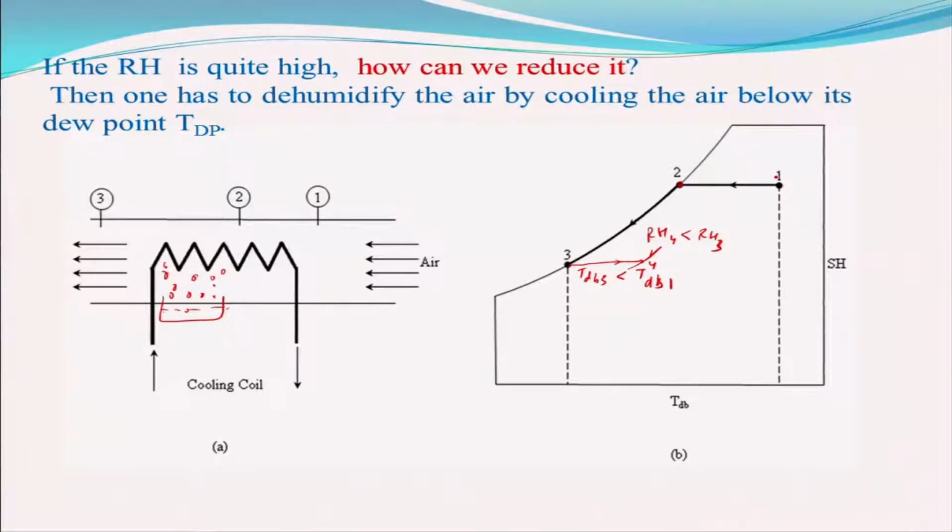But there is another way: you mix some other air which has a different relative humidity and specific humidity, and then you can get this. This mixing of moist air at different temperatures is used routinely in air conditioning applications.